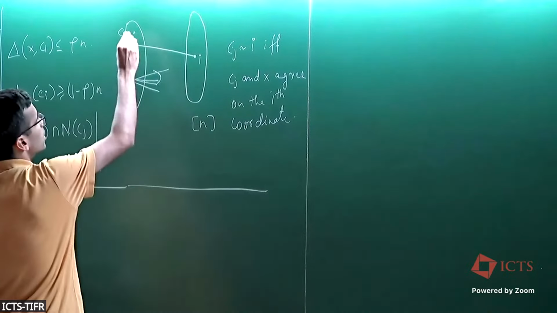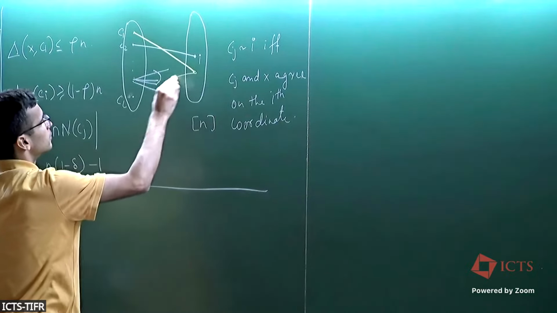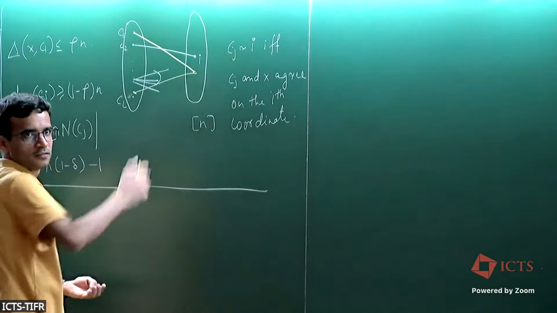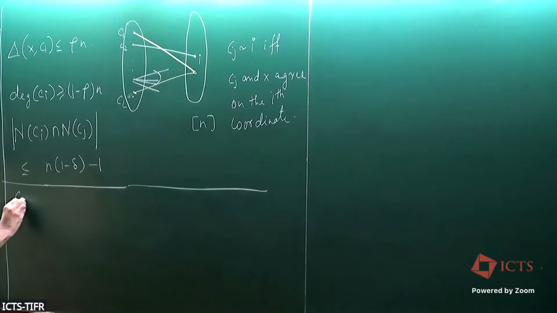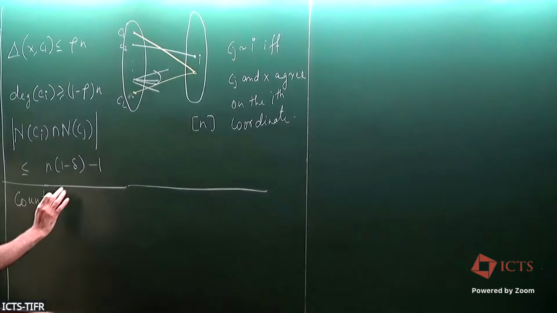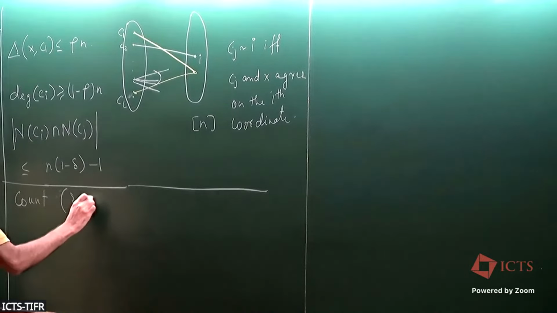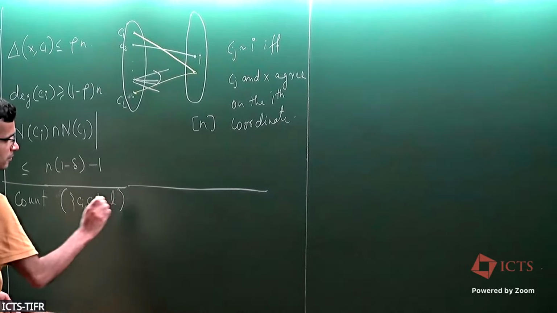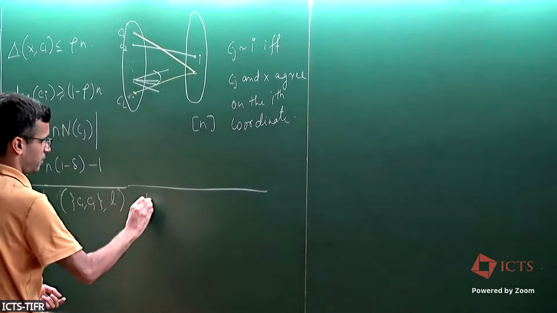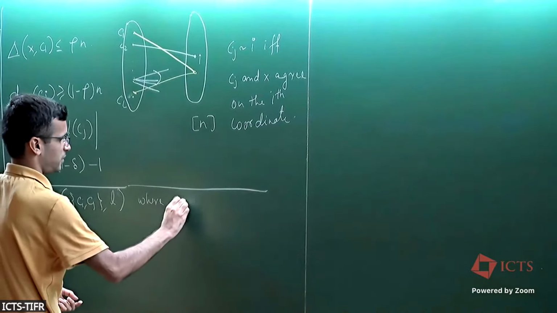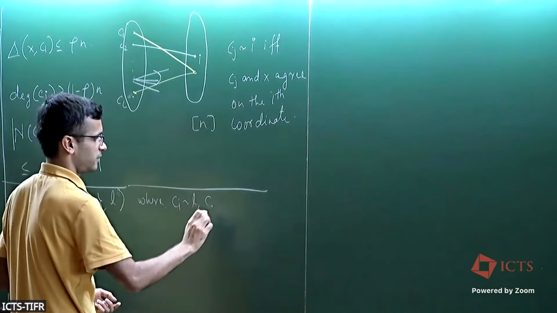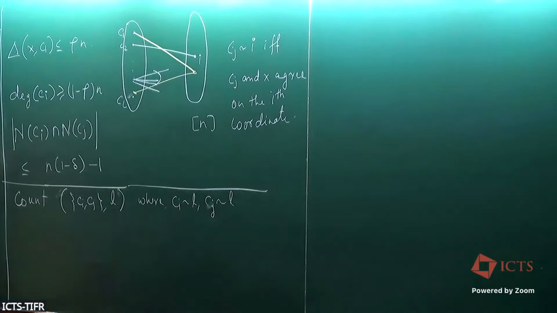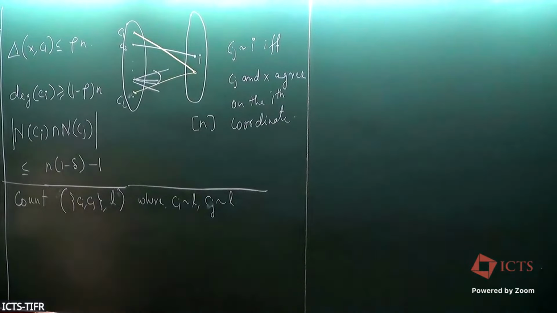We will count subgraphs that look like this: a V with a vertex L, where Ci is adjacent to L and Cj is adjacent to L. Is that okay?